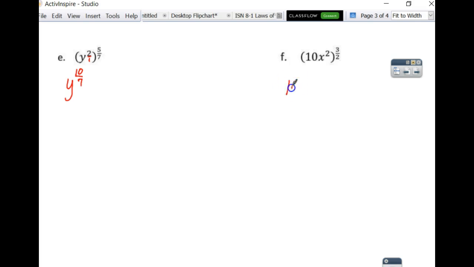So I'm going to get 10 to the 3/2, and then x, and I'm going to put the 1 under the 2. So I get 6 divided by 2. What is 6 divided by 2? 3. So I get 10 to the 3/2, x to the 3rd. Khan Academy, multiplying fractions.